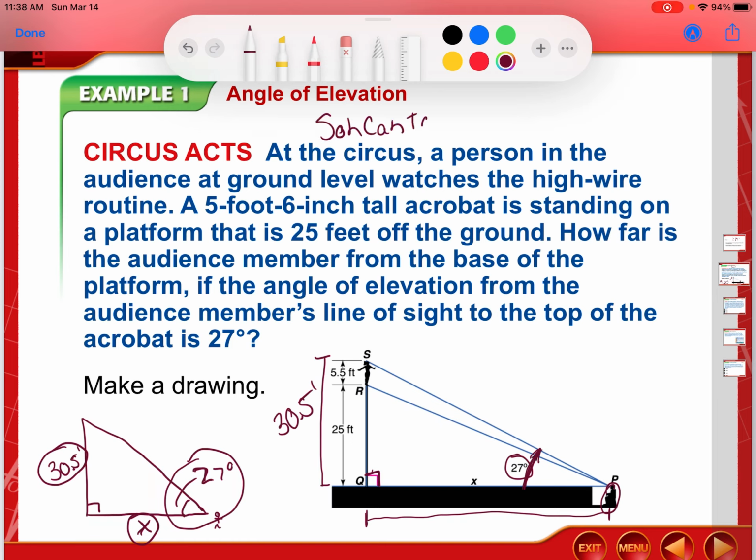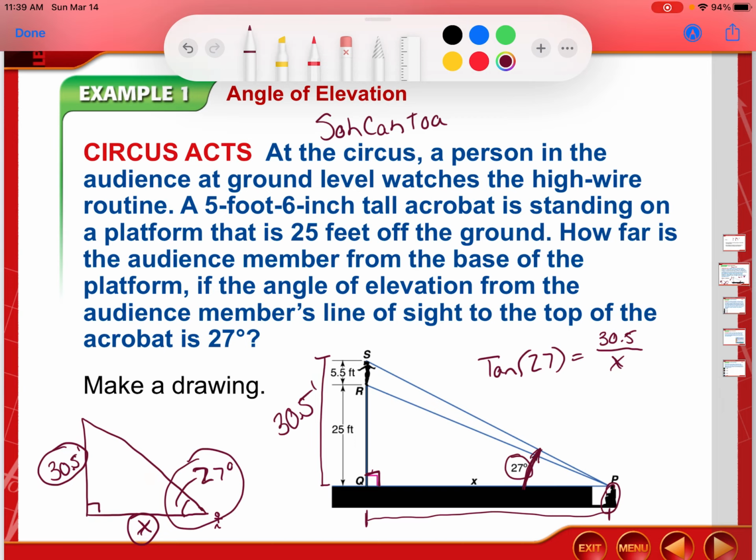Looking at SOHCAHTOA, the only one that deals with opposite and adjacent is tangent. So I'm going to write a tangent equation for this. I'm going to say tan of 27 is going to equal my opposite, so 30.5 over my unknown.